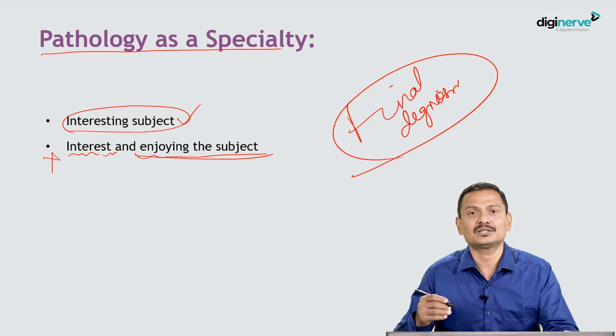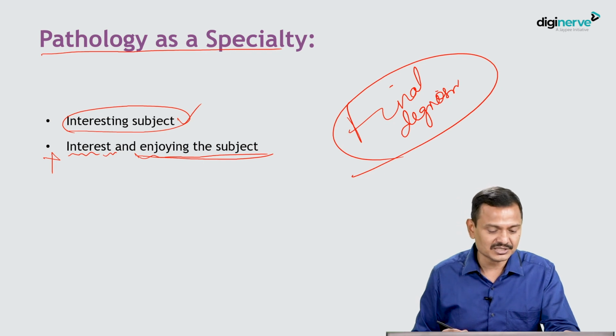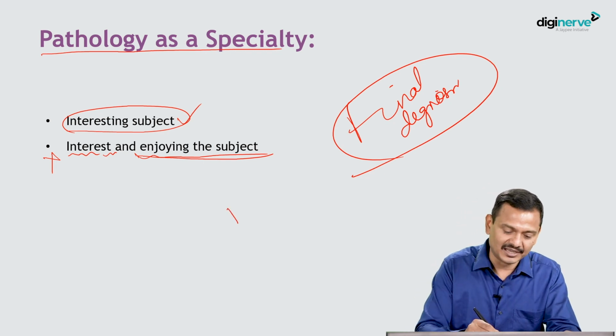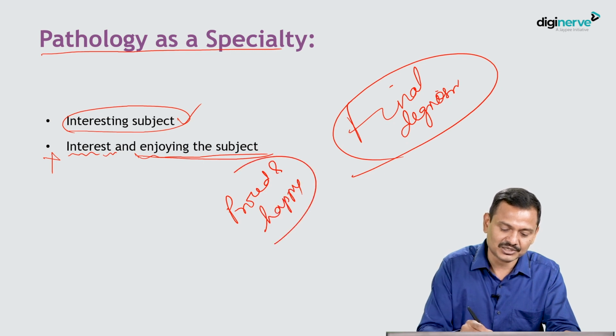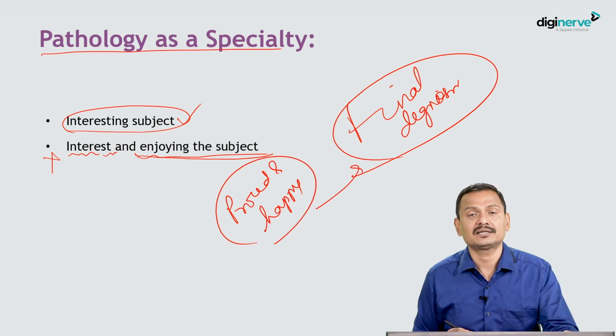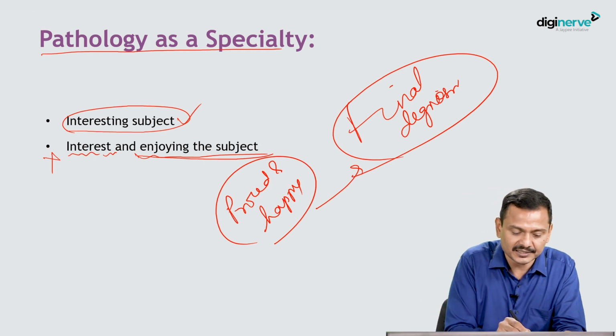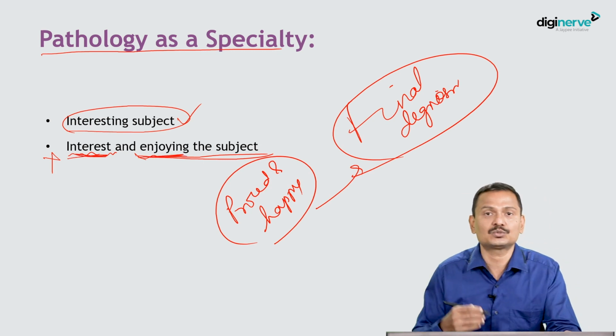I never thought that one day I would become a pathologist, but today I am very proud and happy that I am a pathologist because I make the final diagnosis. Today I love and enjoy, and I am passionate about my subject.